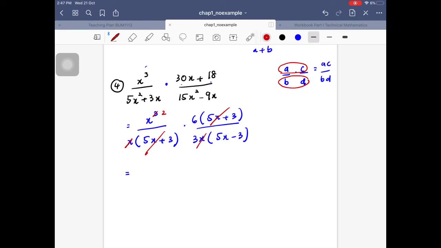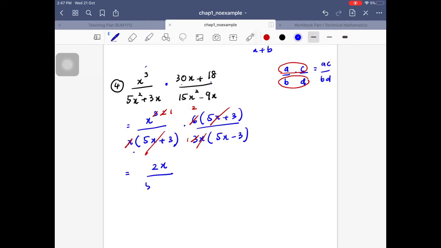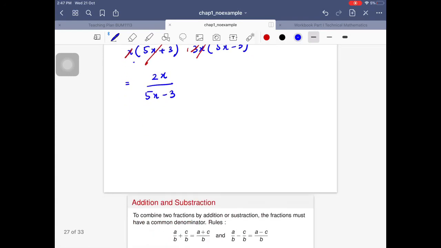But when I cancel this, this is going to be 1. And this is going to be 2. And this is going to be 1. So now I'm going to multiply the top and the top. So I'll end up with x multiplied by 2, so that is going to be 2x. And at the bottom, I no longer have this 2. And here I'm going to have 5x minus 3. So that will be the simplest form that we can get for example number 4.